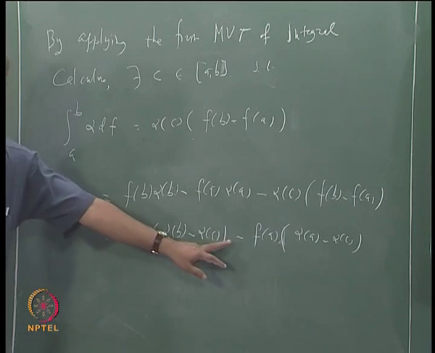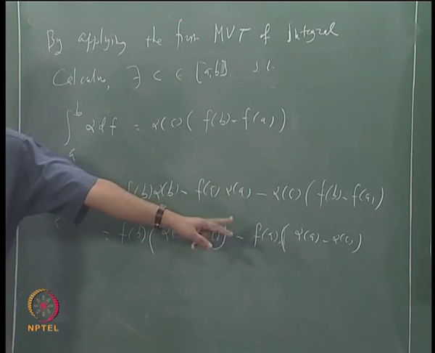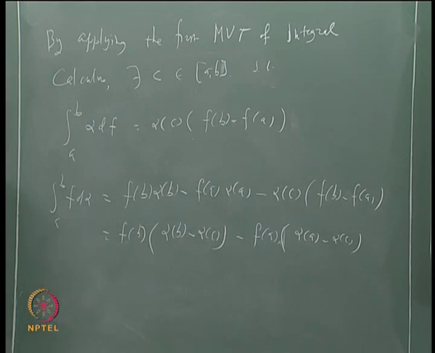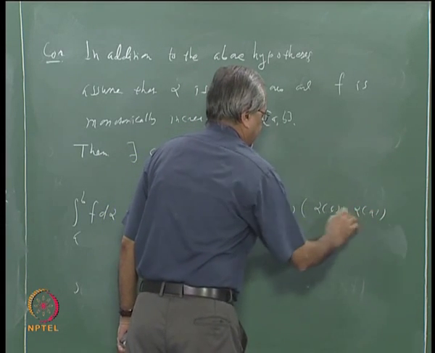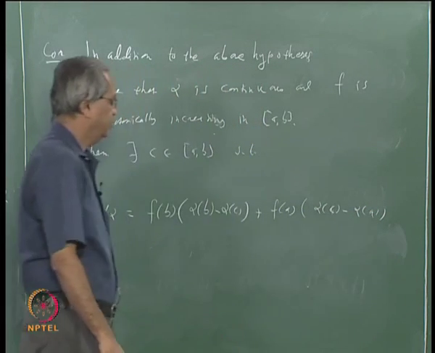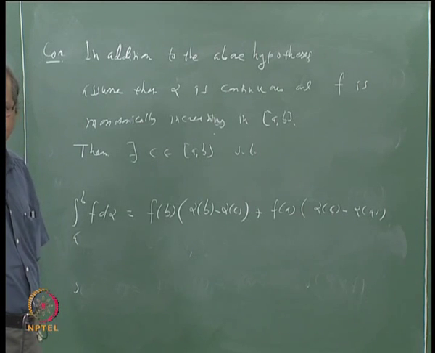If I make this a plus sign here, then that will be alpha(c) minus alpha(a). So that is how it is customarily written: plus f(a) into alpha(c) minus alpha(a).